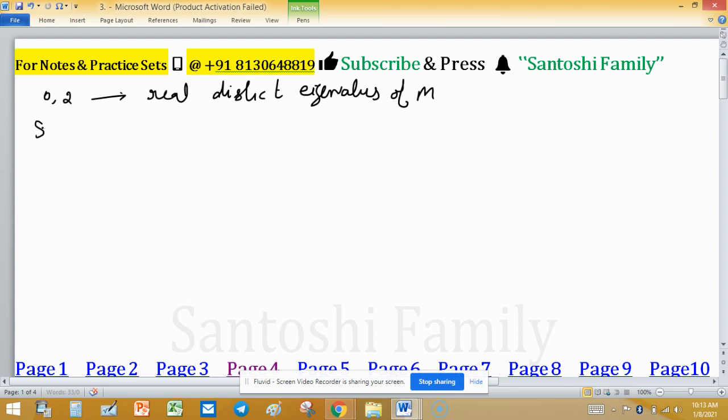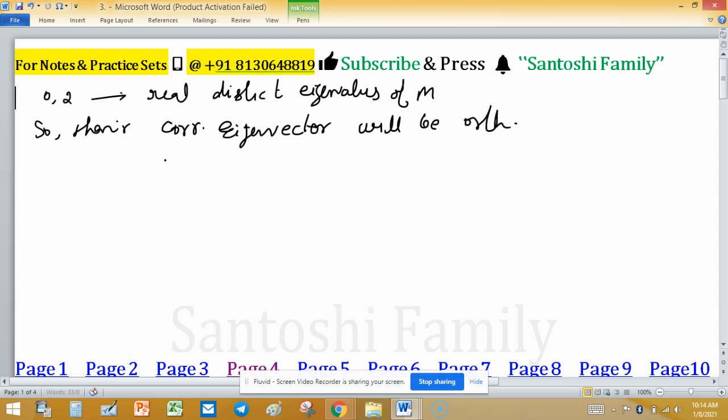So their corresponding eigenvectors will be orthogonal.